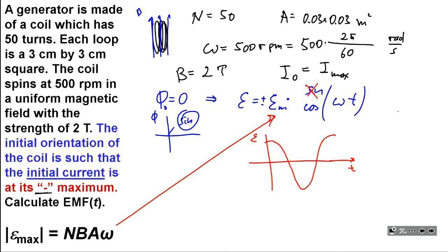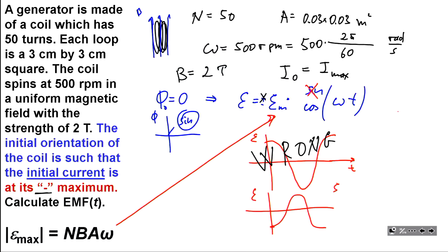My graph starts from positive maximum, which means I have to cross out the plus, write wrong, and change it to the opposite. So it should start from a negative value, negative maximum, and go like this. So the equation will be equal to -1 times the maximum value, or amplitude, times cosine of omega t.